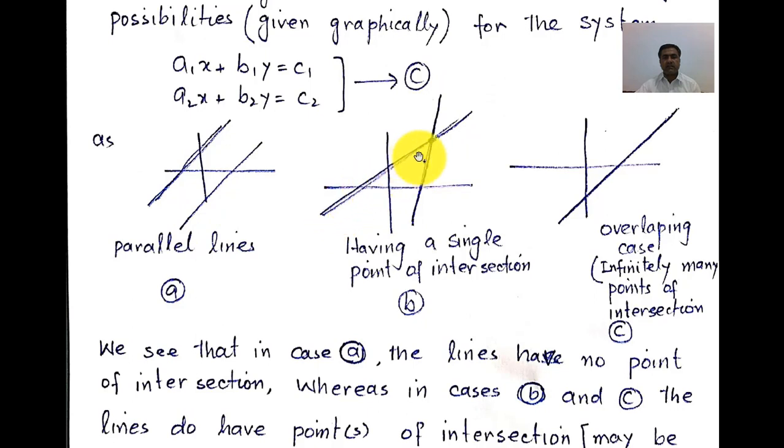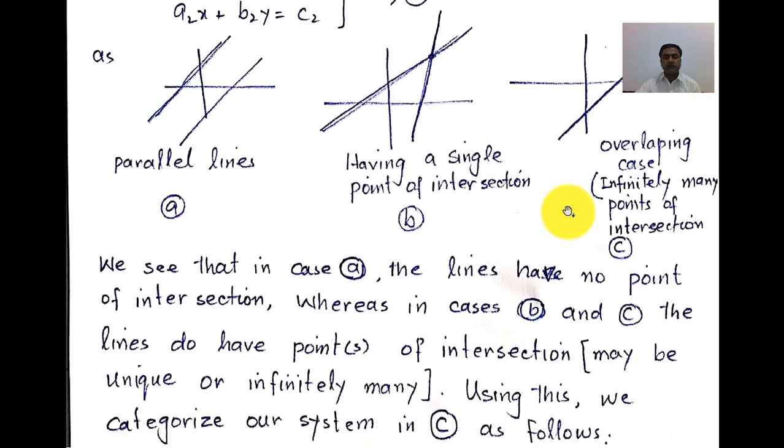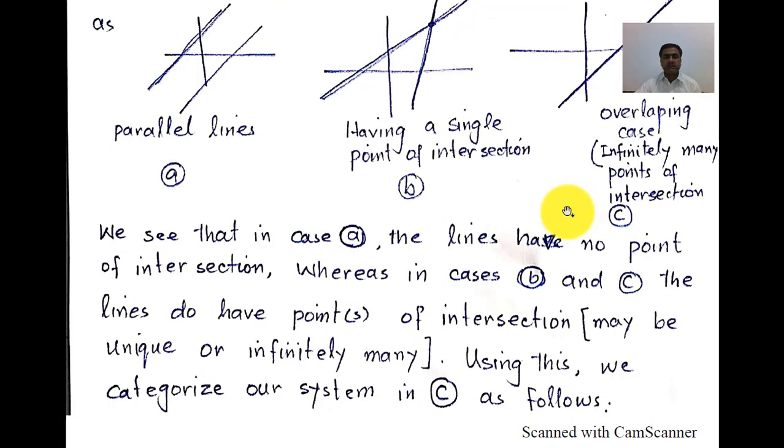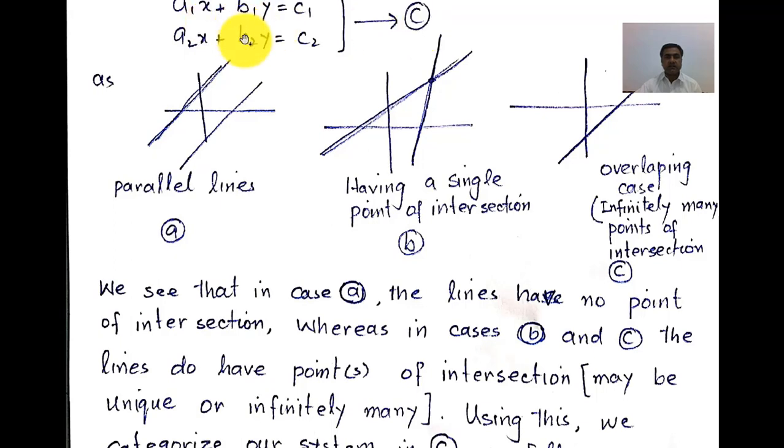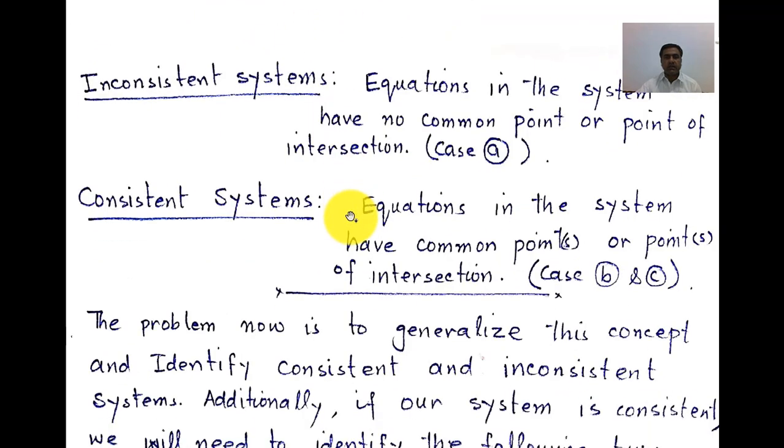In the second case, they intersect each other but exactly at one point. In the third case, they intersect each other at infinitely many points. Hence, using this concept, we categorize our system given in C in the following two categories.